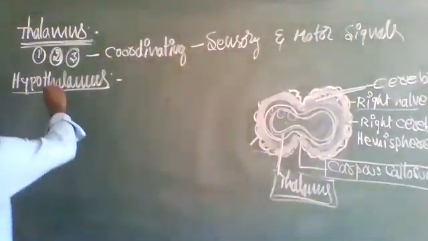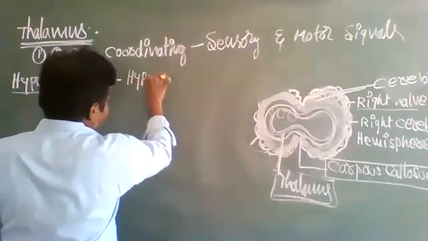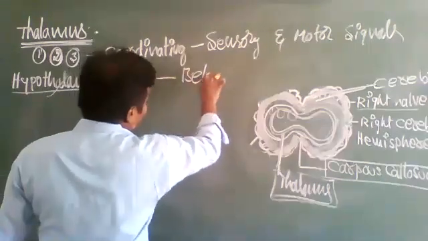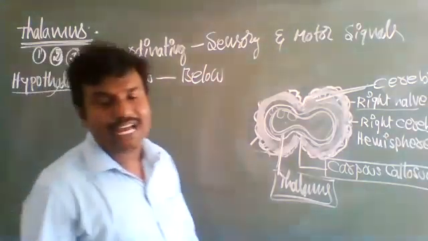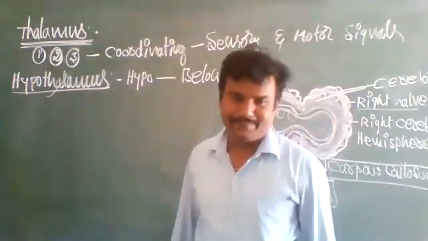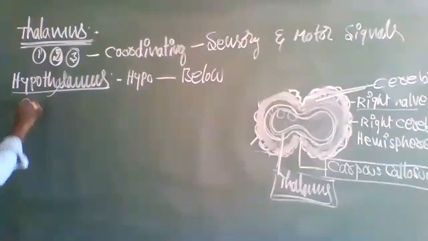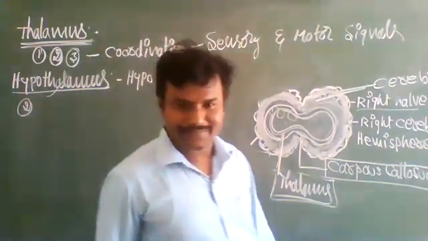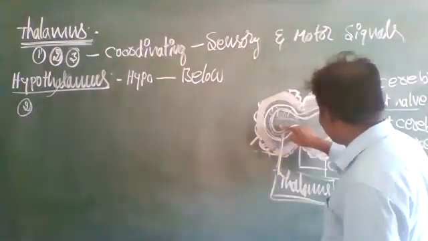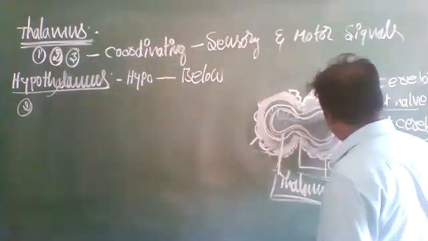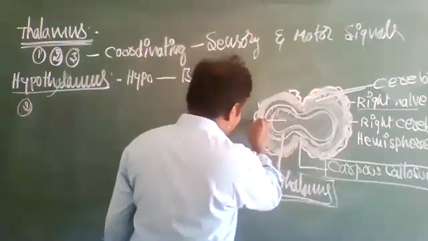Therefore, it is called hypothalamus. Hypo means below, so it is present below the thalamus. That's why it is called hypothalamus. Next, here is one peculiar point no one can identify. This region is called the hypothalamus.